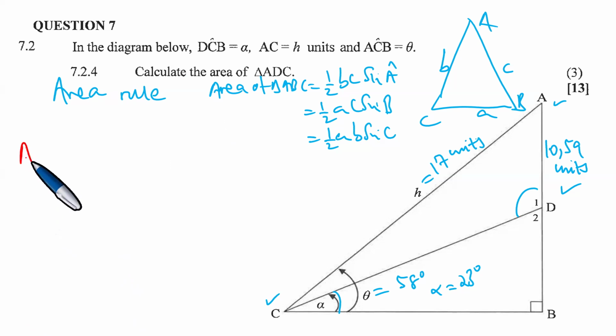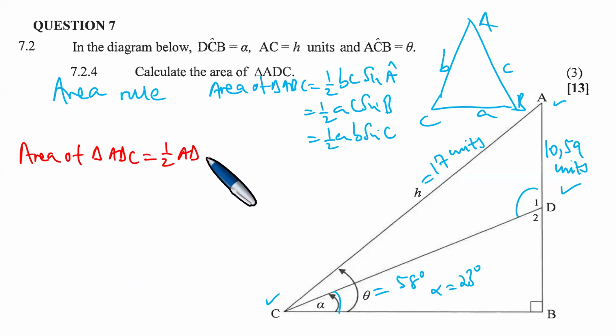So area of triangle ADC is half AD, AC, the sine of A. Half AD, AC times the sine of the angle A. Because if you already know the angles here, for example, you already know that the rest of this angle is 23 and the rest of this angle is 90 degrees.